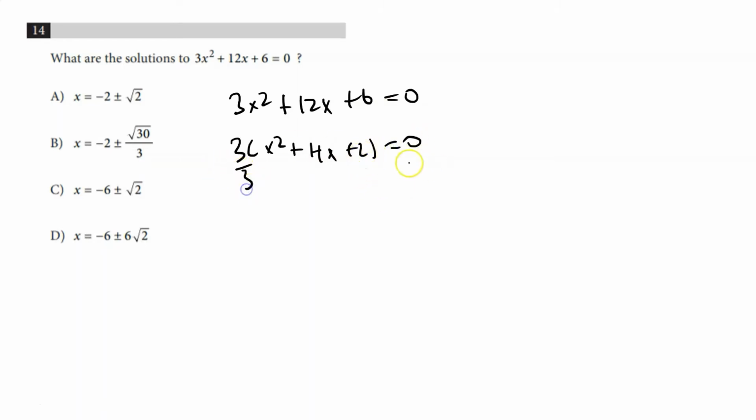Then we can divide both sides by 3, get rid of it, so we have that x squared plus 4x plus 2 equals 0 over 3, and that's just 0. You can take some time to look at this, and whether you can recognize it immediately or not, this is not factorable.